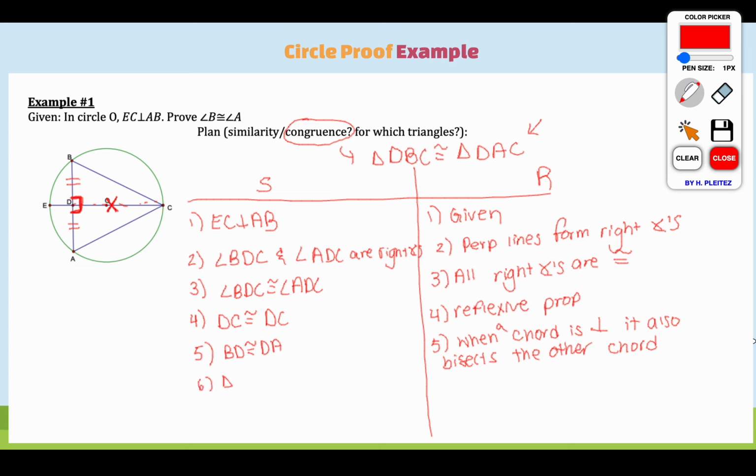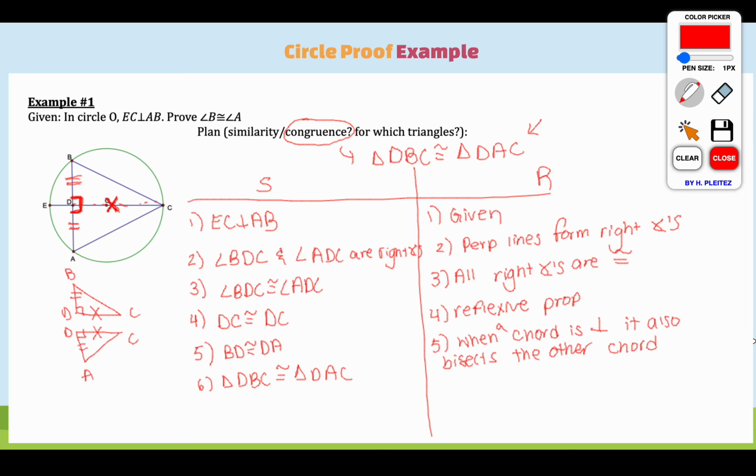So now we can say that triangle DBC is congruent to triangle DAC. If you take a look, we have side, angle, side, and we have side, angle, side. Sometimes if you can't really see what's happening, you can separate your triangles here. At the top we have BDC, at the bottom we have the other triangle. So we have our X, we have our right angle, and then we have our congruent sides.